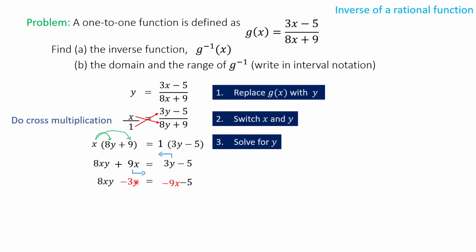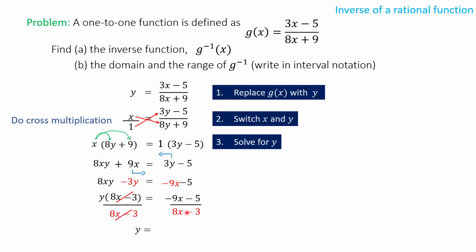Now you need to factor out the y. So factor out y. You get your 8x minus 3. So that is equal to this. Now you divide this both sides. So cancel this and this. You get y.